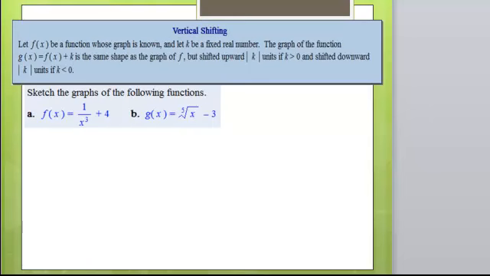The next type of shifting is called vertical shifting, and this happens whenever you add or subtract something on the outside of a function. Now, I don't know if you remember this exactly, but 1 over x cubed was something like this.